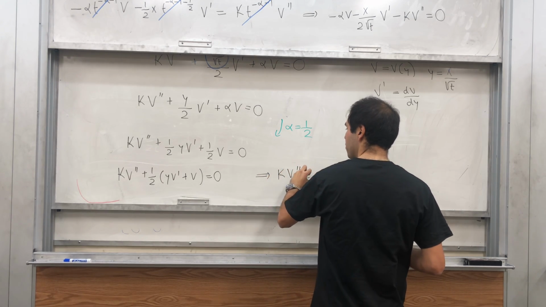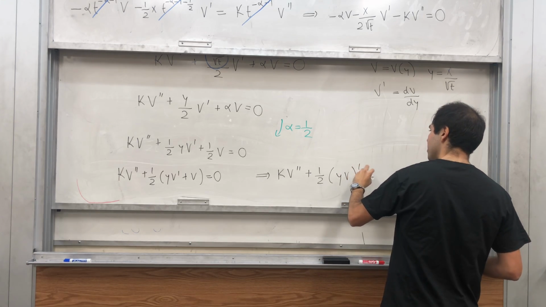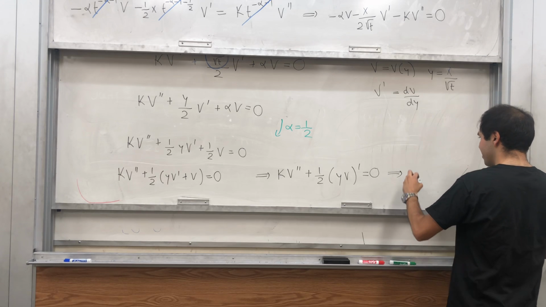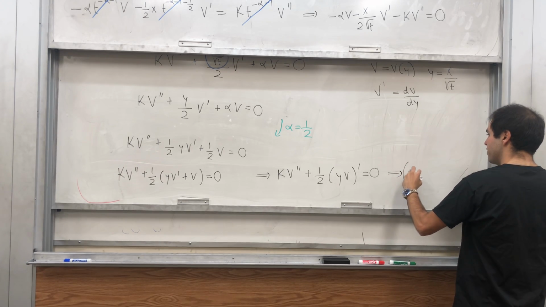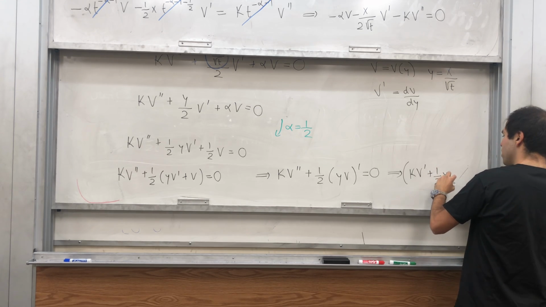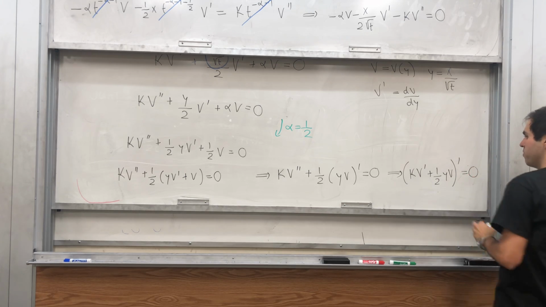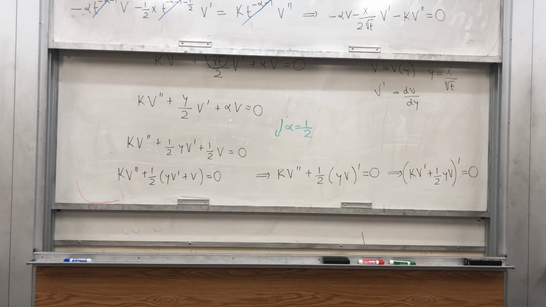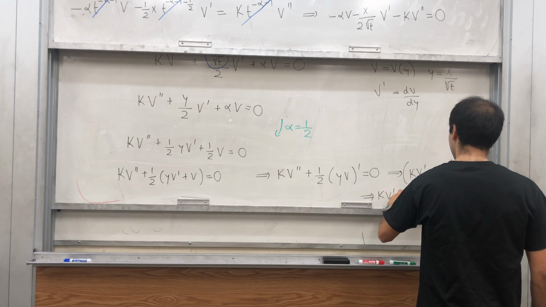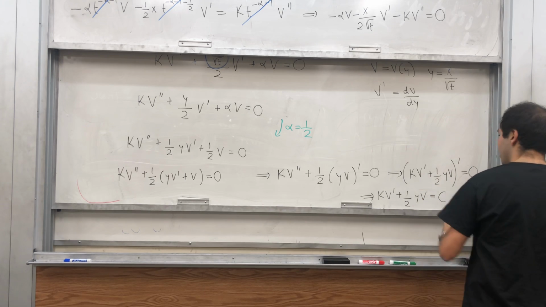And what makes this even more amazing, you can write the whole thing as a derivative, because k v prime plus 1/2 y v, all differentiated, equals 0. So what does that tell you? It tells you that k v prime plus 1/2 y v equals a constant.